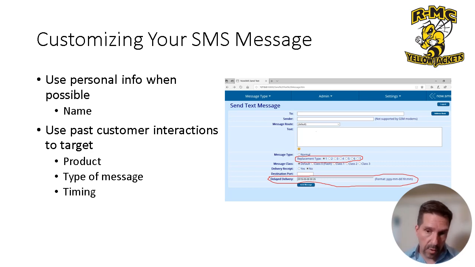So for example, using demographics that you might have information for everybody to predict their past history, and based on that, decide which one of the products should be featured in your SMS message, and what type of message you should send, and when should it actually be sent. All this information can use some customization, and we don't need to send every message at the same time about the same product and to the same people.